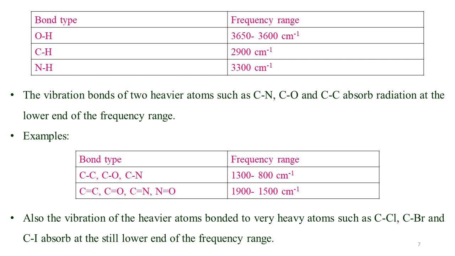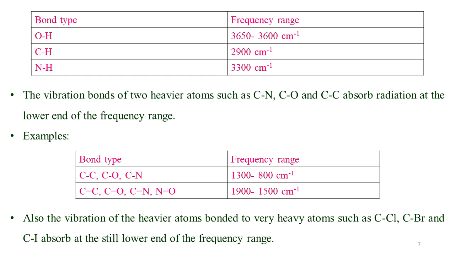The vibration of bonds between two heavier atoms, C-N, C-O, and C-C, absorb at the lower end of the frequency range, appearing in the range of 1300 to 800 per centimeter. C=C, C=O, C=N, and N=O will appear in the frequency range of 1900 to 1500 per centimeter.